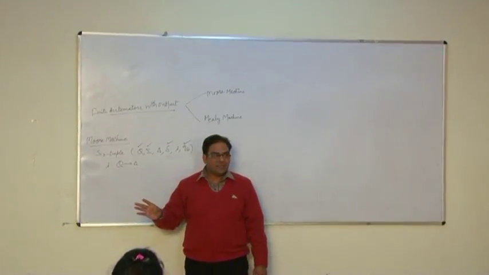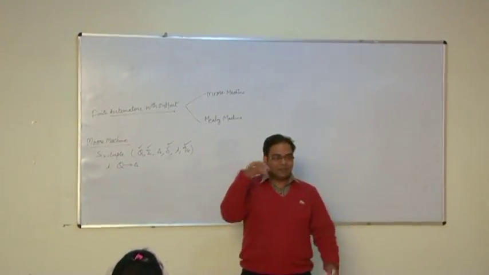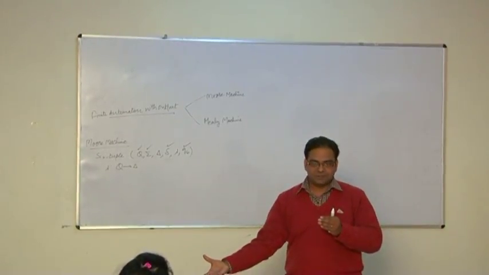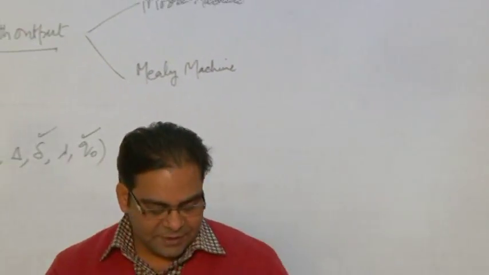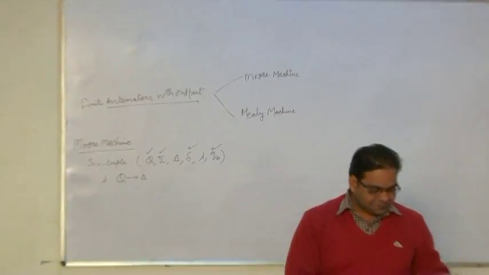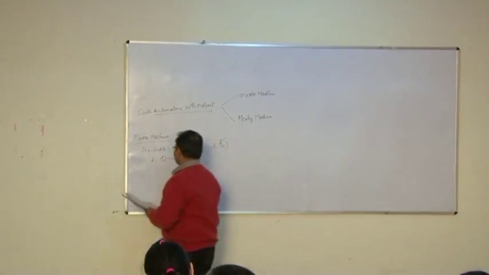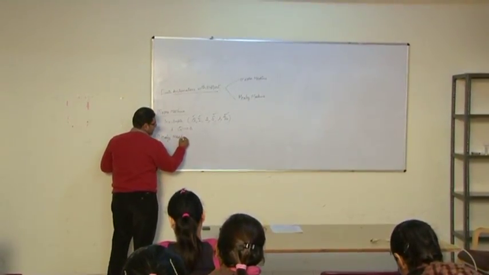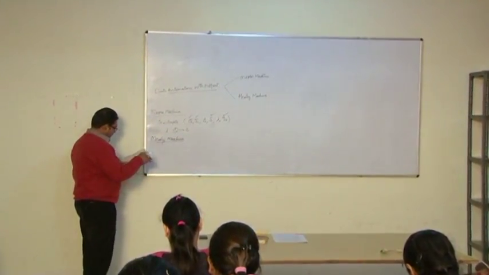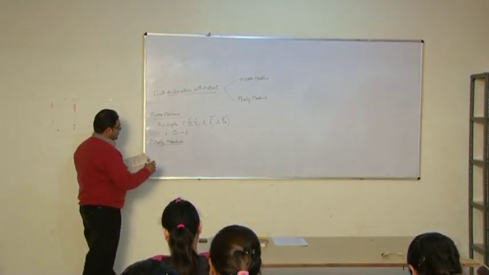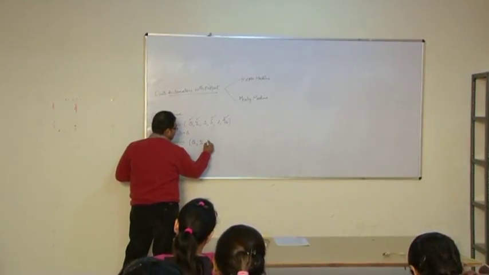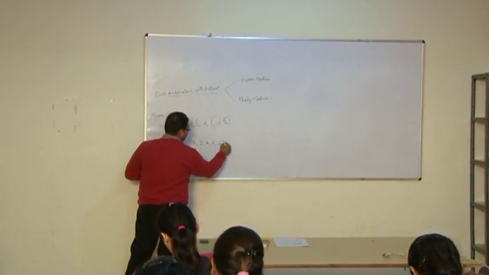It is not looking at the input symbol. Whenever you come to one state, it directly gives the output, right? We will compare it and do the differences. In the case of a Mealy machine, it is again a 6-tuple definition, and it is represented like we have written for the Moore machine.